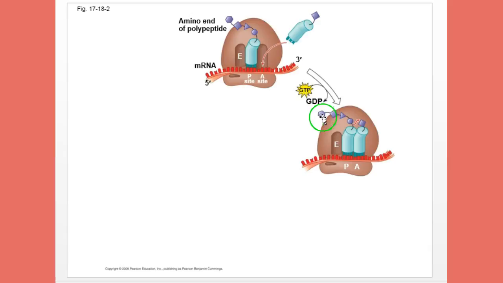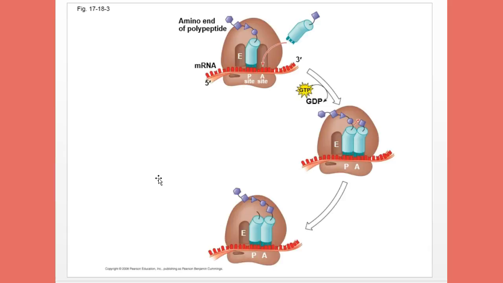So your polypeptide chain is moving from this tRNA to this tRNA. This tRNA will now move to your P site. Okay? So now see the polypeptide chain has been transferred to this newest amino acid. Your first tRNA is now empty. Okay?